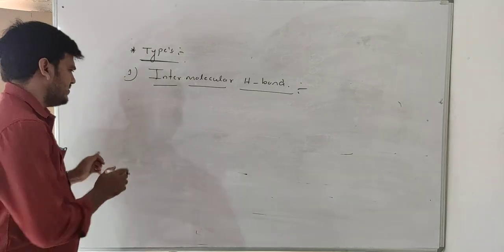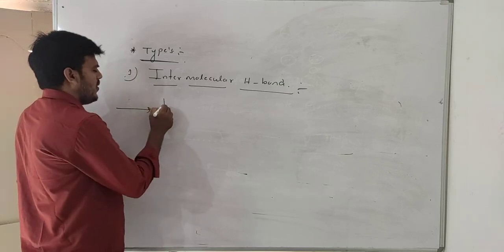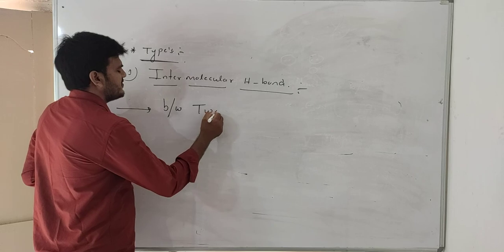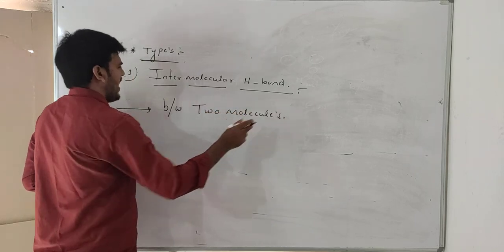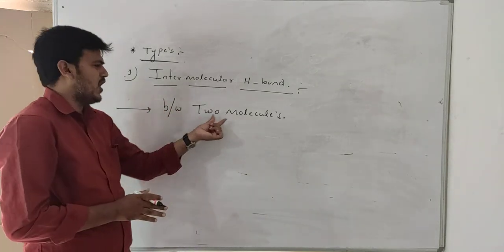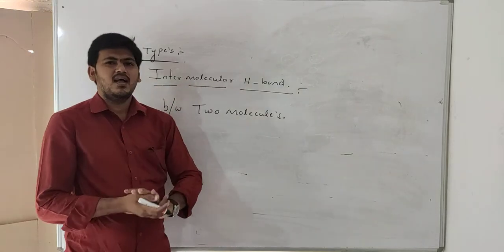Very simple. A hydrogen bond formed between two molecules is called an intermolecular hydrogen bond.